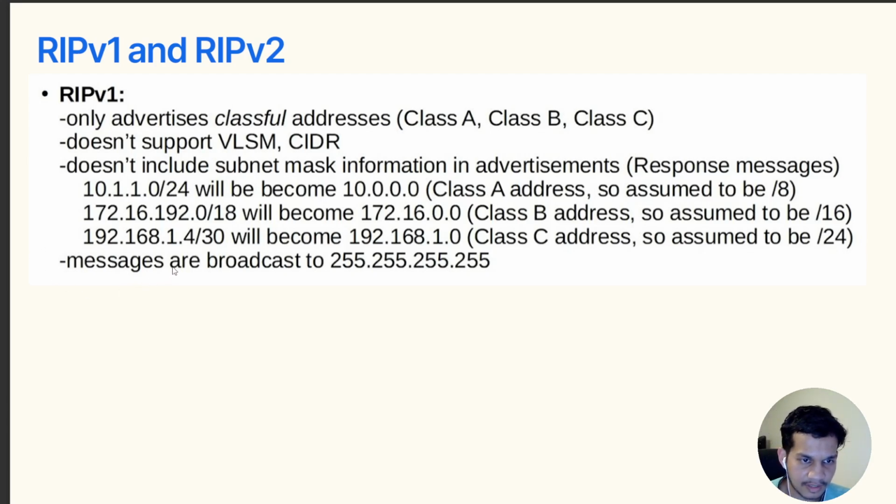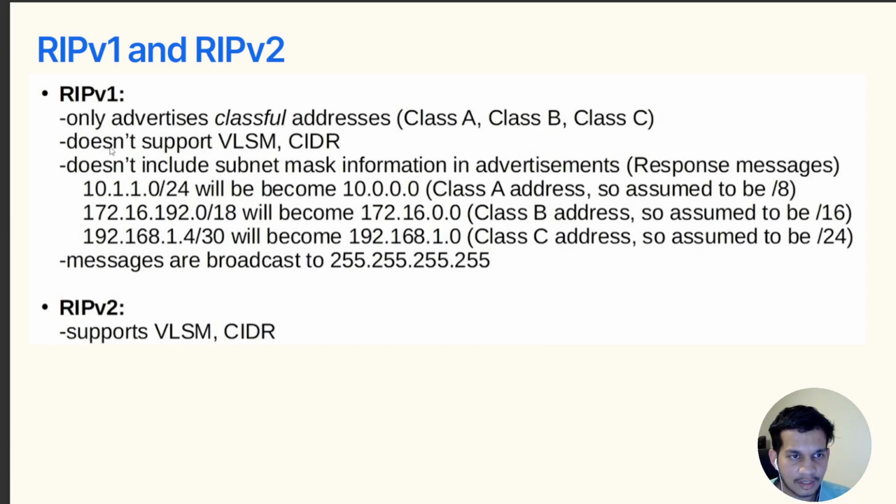Messages in RIP version 1 are broadcast, to 255.255.255.255, or all Fs. To overcome the disadvantages of version 1, RIP version 2 was invented. It supports VLSM and CIDR.